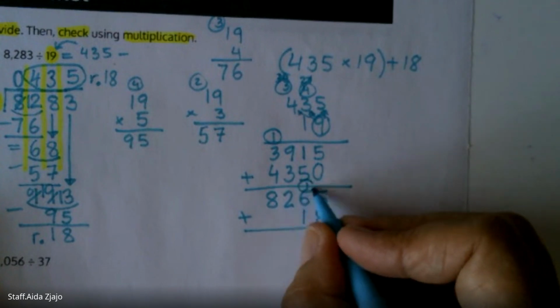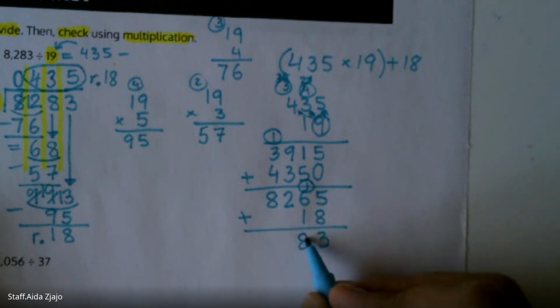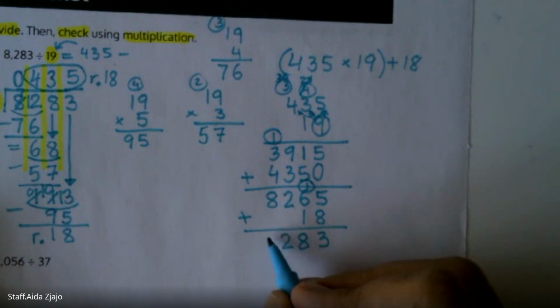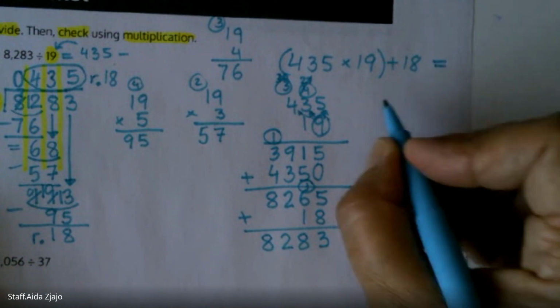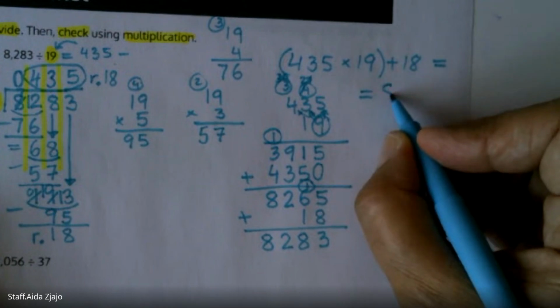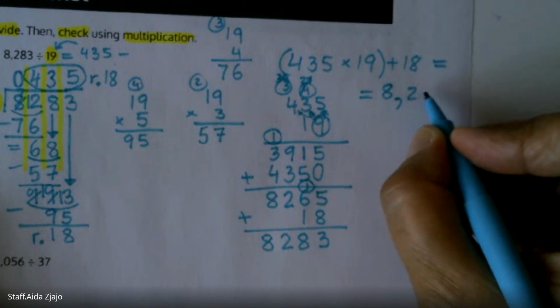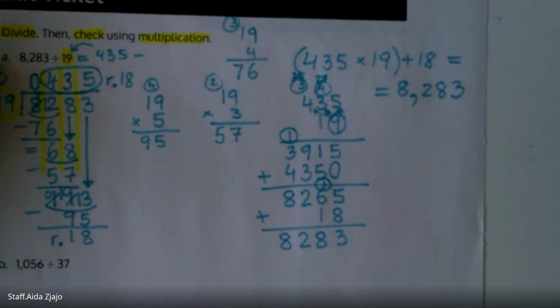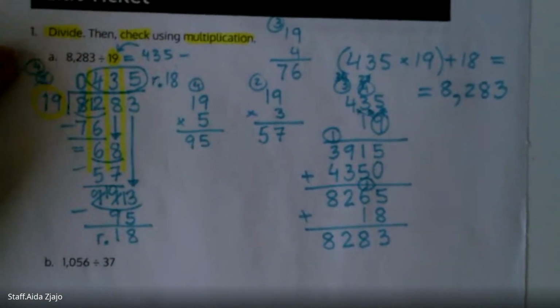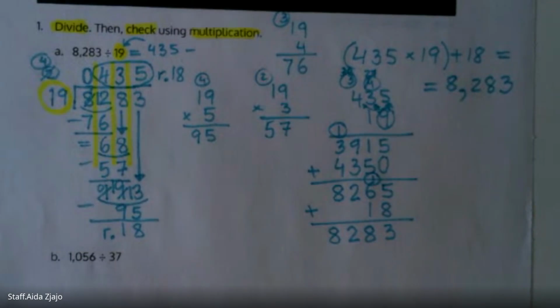Remember 1, and that is 8,283. So we got our correct answer, which is equal to 8,832, our dividend, exactly what we hoped for.